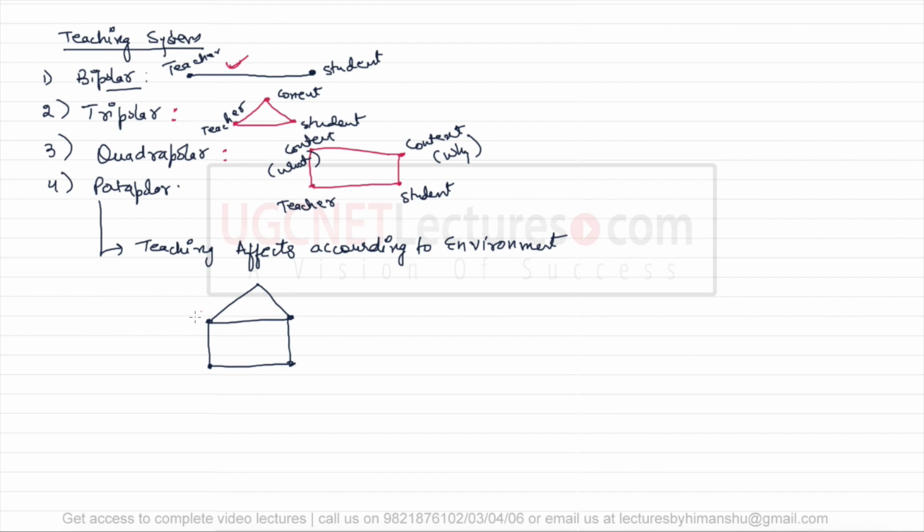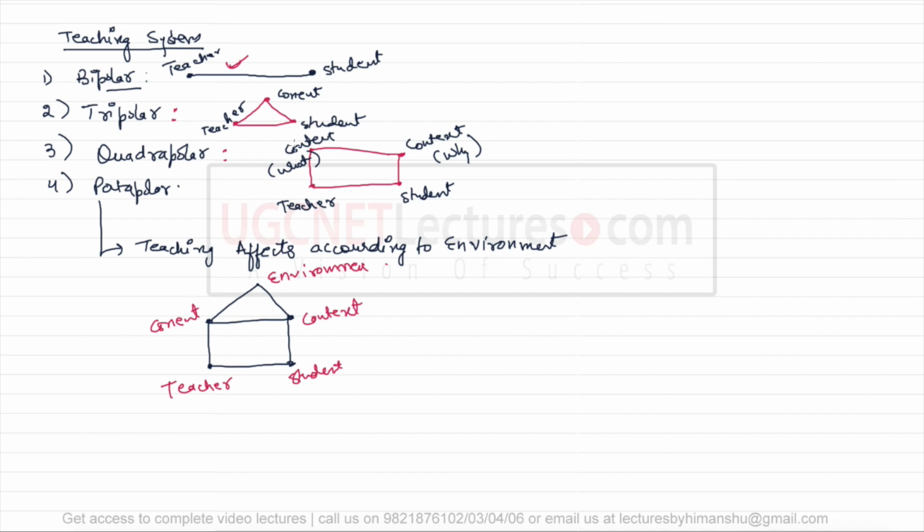There are 5 major portions of this. Number 1 is the teacher and the student. Then we have a context, we have a content, as well as we have an environment which also plays a major role in this system, right? So if in options, for example, tripolar is present, then the answer will always be tripolar. Otherwise we have the pentapolar teaching system which we follow.